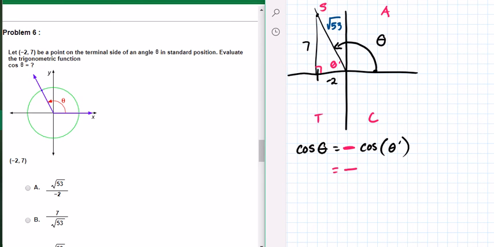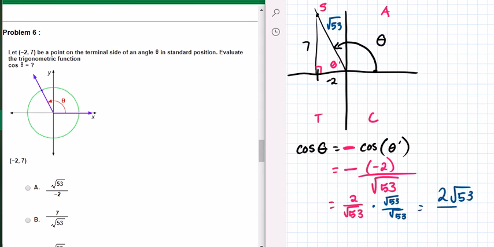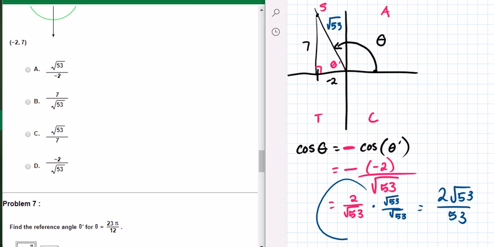So the opposite of negative 2 over the square root of 53 gives me a positive 2 over the square root of 53. And in real life, not in this crazy little notebook, I would rationalize my denominator and get 2 radical 53 over 53. But in this case, we're going to use the 2 over radical 53.